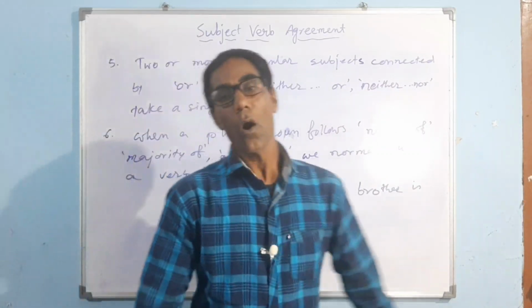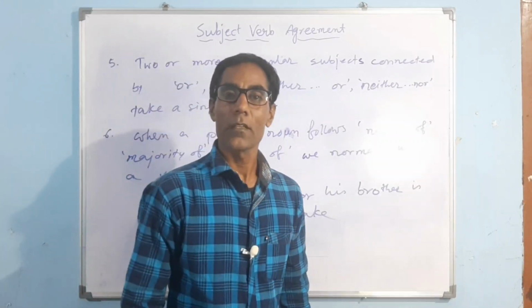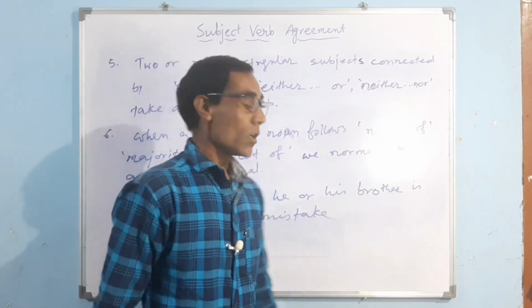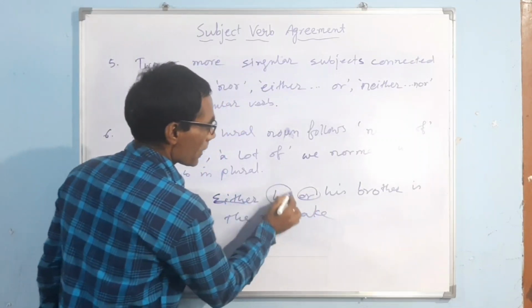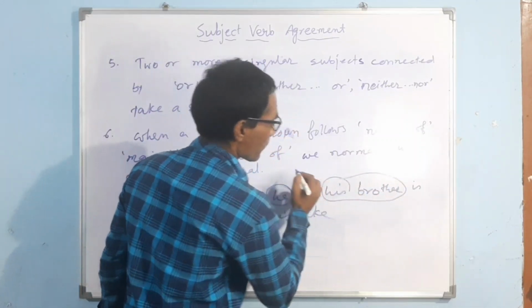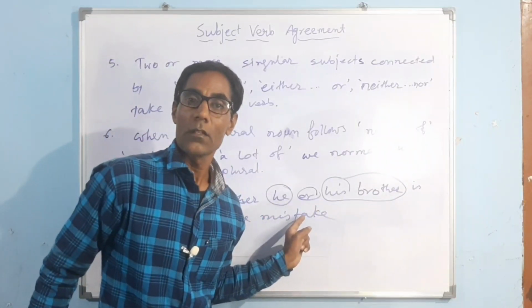So either he or his brother made the mistake. What happened? Either or connected he and his brother. So he and his brother are singular.